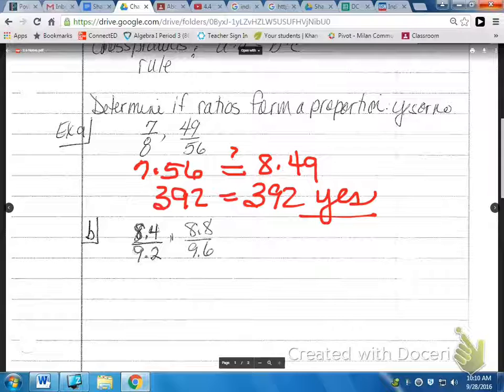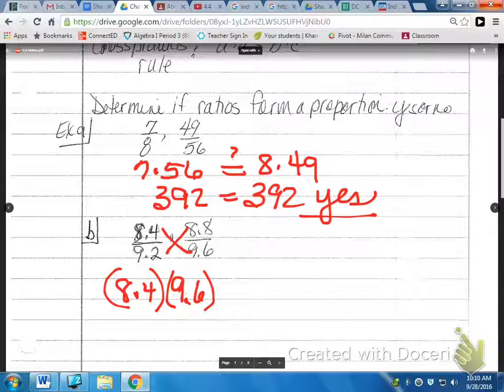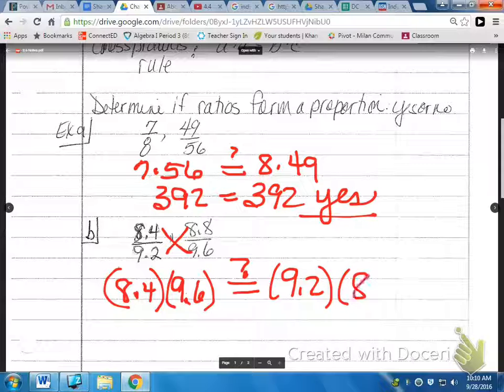Okay, now 8.4 over 9.2, it's my first ratio, and 8.8 over 9.6. So this one, I'm going to use the cross product rule, and I'm going to take 8.4 times 9.6 and check and see if it's equal to 9.2 and 8.8.